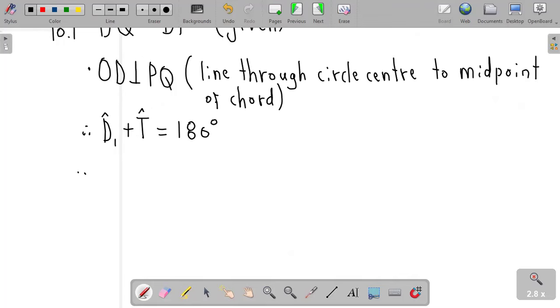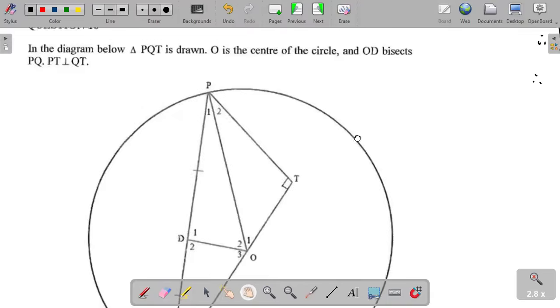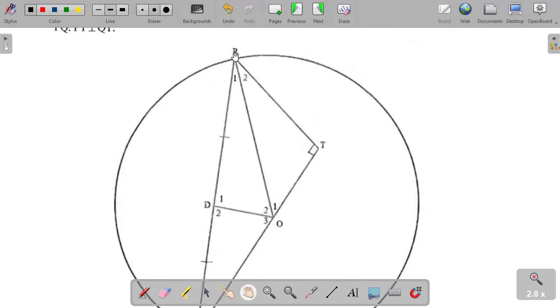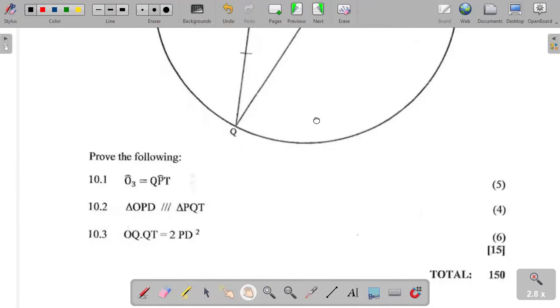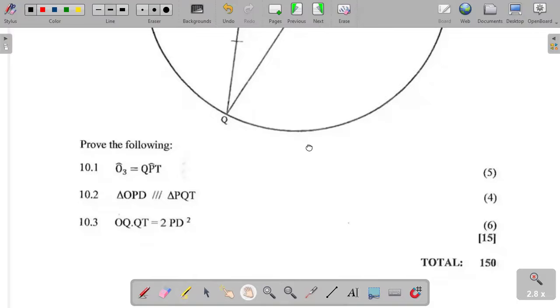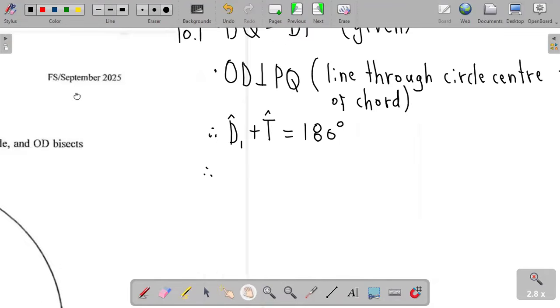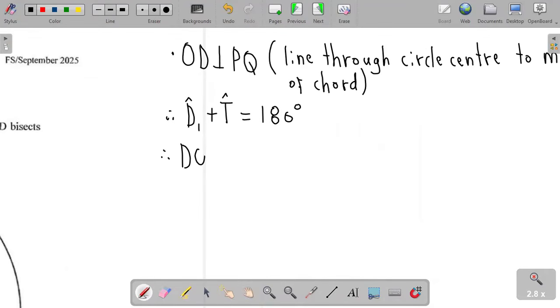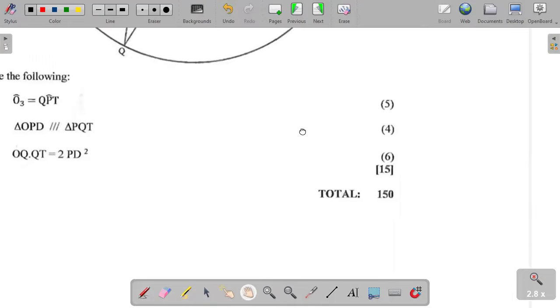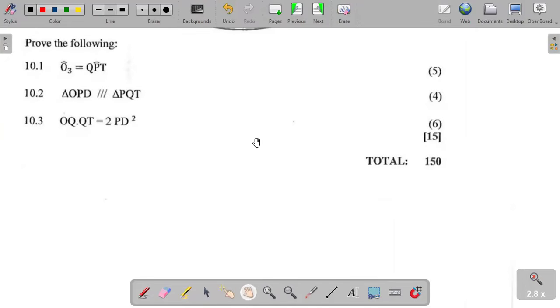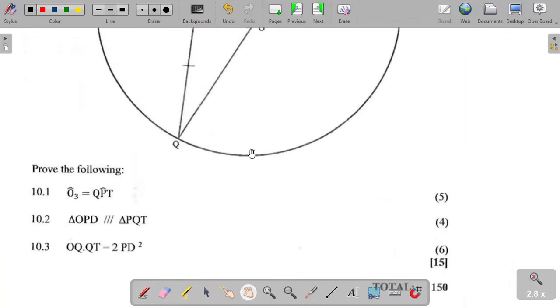So it means therefore PDOT is a cyclic quad. DOTP is a cyclic quad.